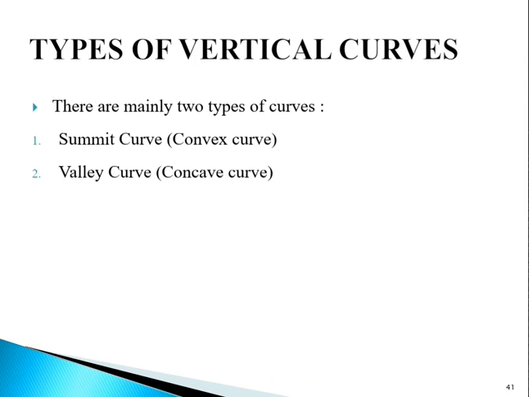Let us see the types of vertical curves. There are mainly two types: the summit curve, or convex curve, and the valley curve, or concave curve. If we talk about the first one, summit curves, the design of summit curves is on the basis of sight distance.